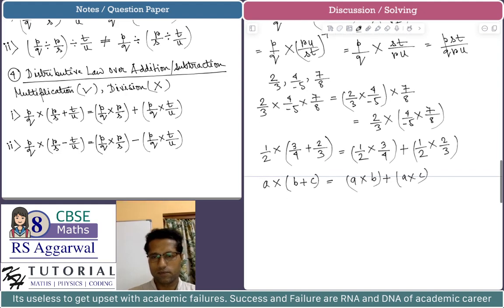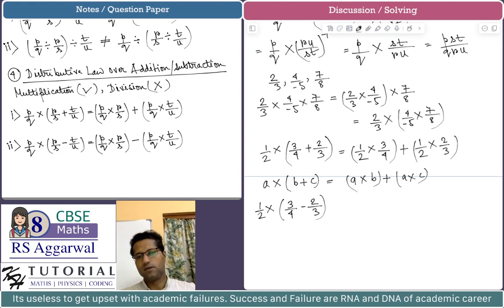Now this also works with subtraction. That is, if you are multiplying half, the rational number 1 by 2, with the rational number which is a subtraction of 3 by 4 and 2 by 3, if you have to simplify this, then you can distribute the multiplication over the subtraction.